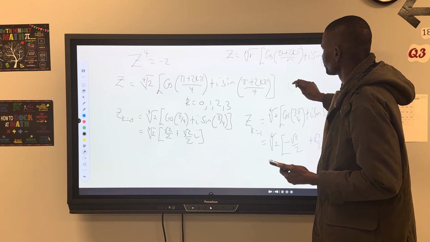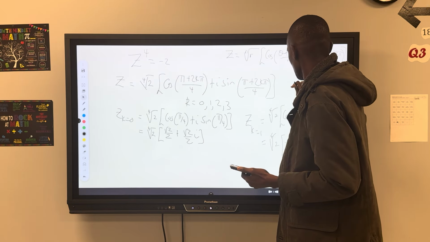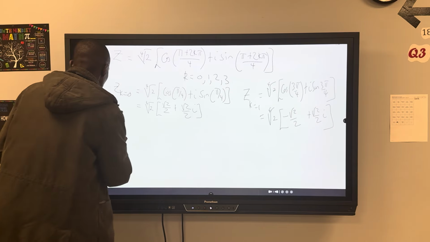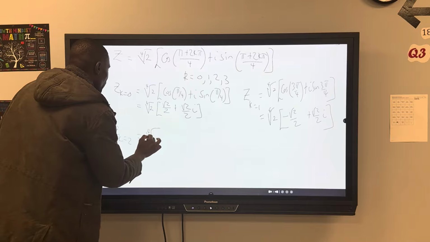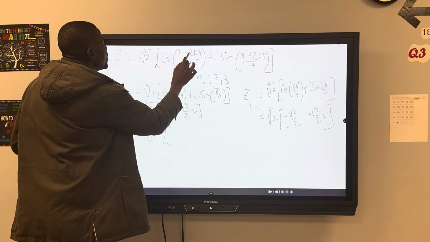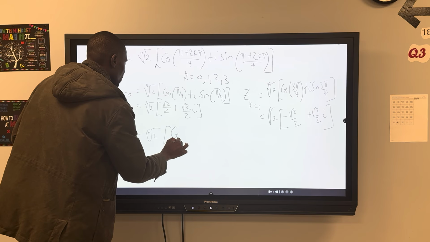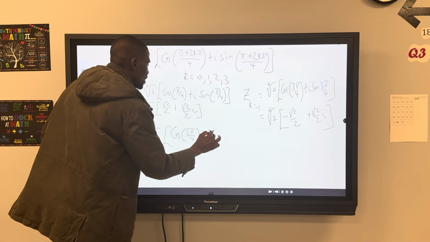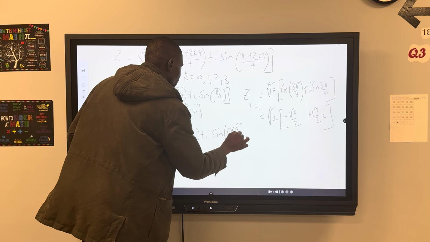Let's move on and see when k is 3. K is 2, I mean. So for k equal to 2, it's going to be 4th root of 2. So here, 2 times 2 is 4, plus 1 is 5. So it's cos 5 pi over 4 plus i sine 5 pi over 4.